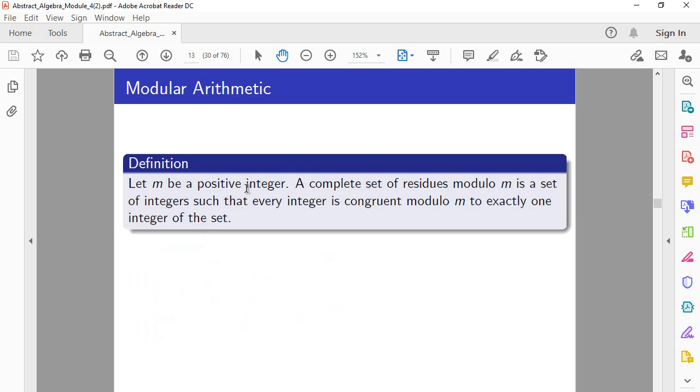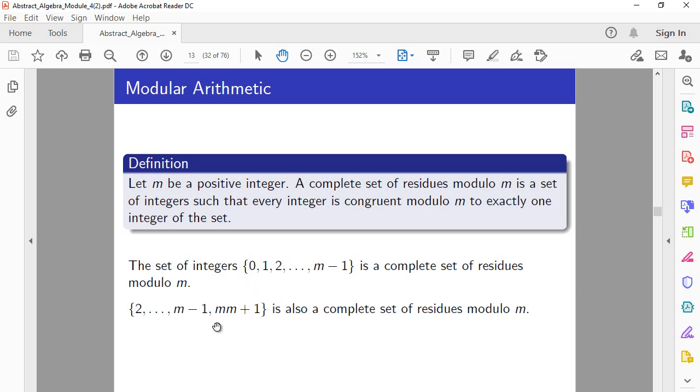Given a positive integer m, a complete set of residues modulo m is a set of integers such that every integer is congruent mod m to exactly one integer of the set. What am I saying here? If you look at the set 0, 1, up to m minus 1, that's a complete set of residues modulo m, because no two of them are congruent to each other, so they are pairwise incongruent, and any integer is congruent to one of them modulo m.